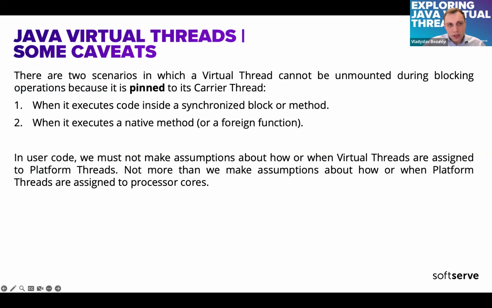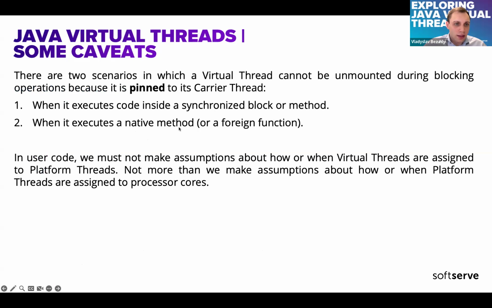There are some scenarios in which a virtual thread cannot be unmounted during blocking operations because it's pinned to its carrier thread. One we've just looked at, and another one is when it executes a native method. I think it's a rare one for most projects, but it's good to keep in mind.